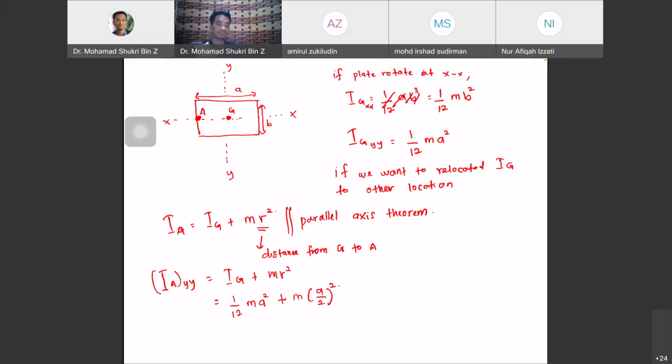So you can change the location of the mass moment of inertia.